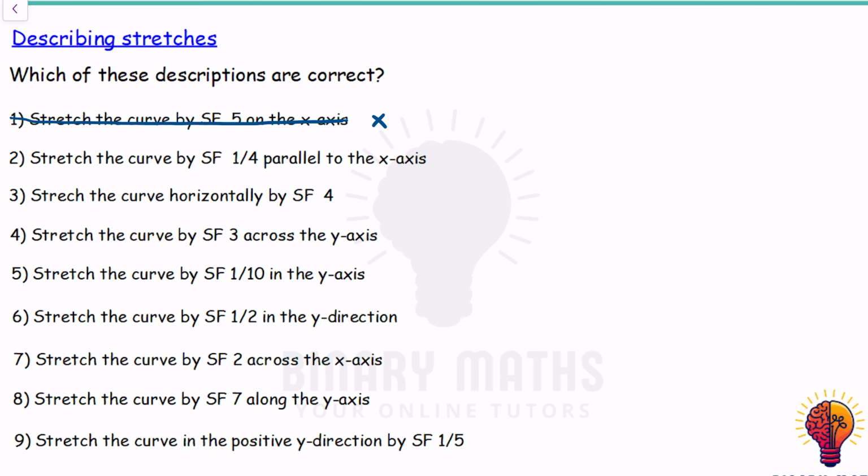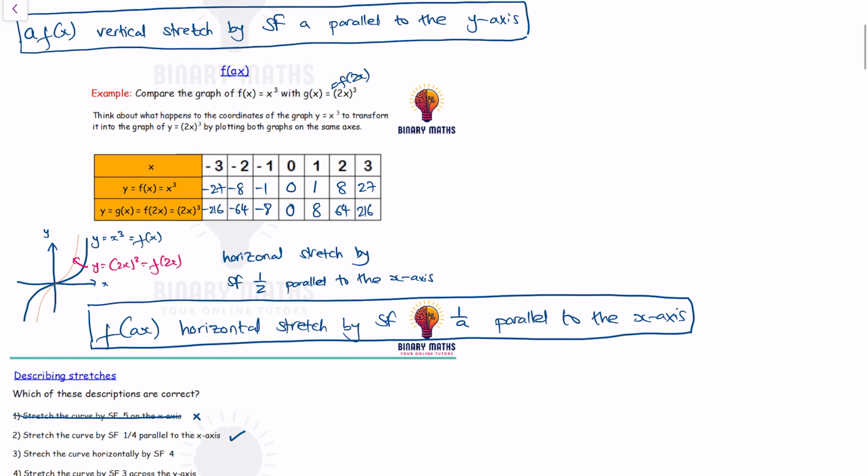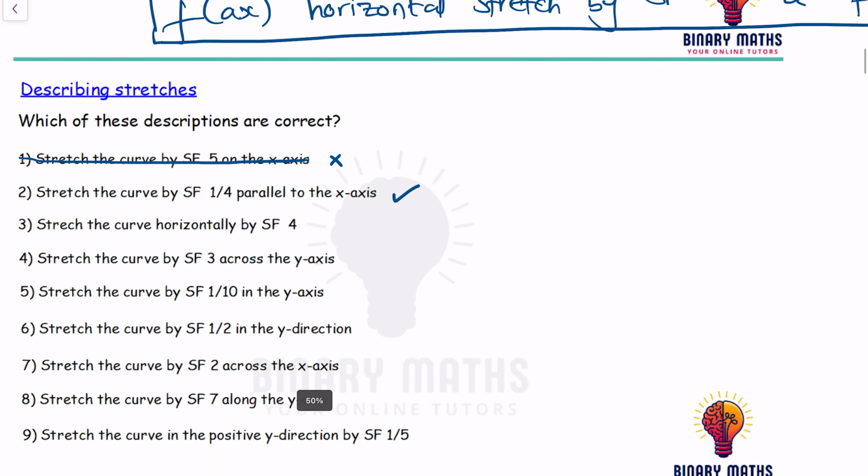Next one is stretch the curve by scale factor a quarter parallel to the x-axis. That sounds good because it's parallel to the x-axis, not just on the x-axis. And we've mentioned the scale factor and we've mentioned the stretch. Stretch the curve horizontally by scale factor 4 parallel to the x-axis. Parallel to the x-axis and horizontally, you can say either. Obviously, in my descriptions here, I've said both, but you can say one or the other and you'll be fine.